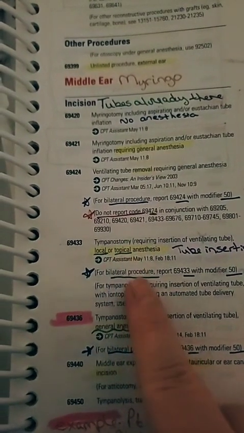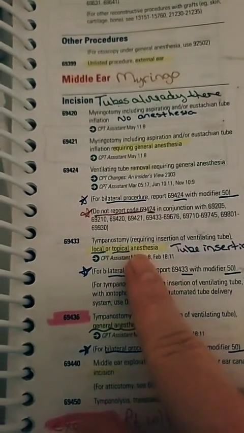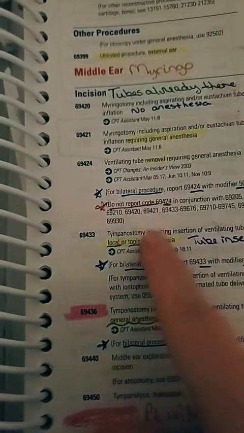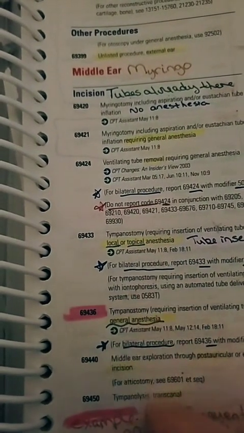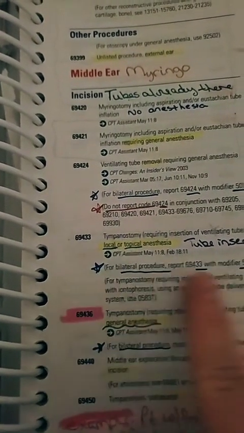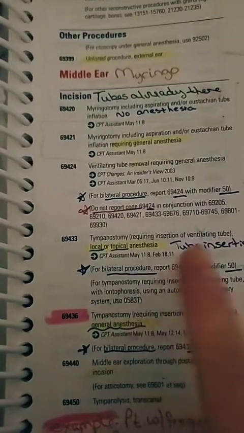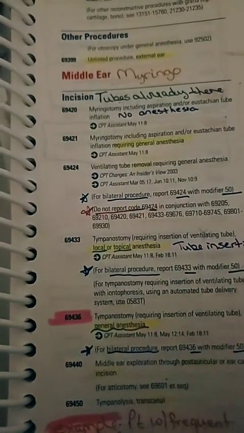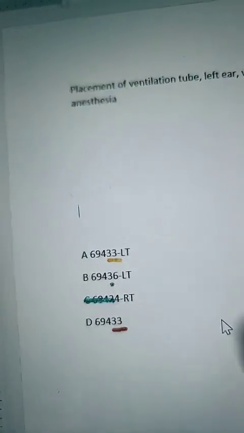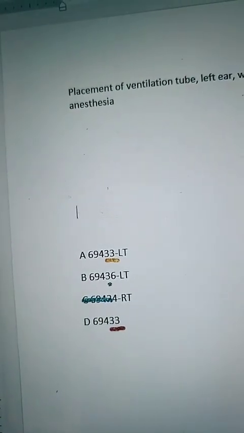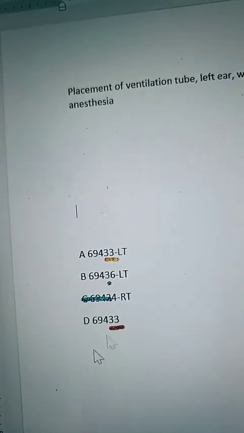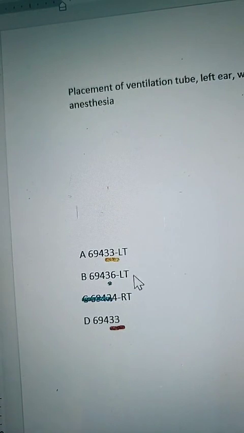So we would add a left or a right if it wasn't bilateral. So we know we're going to need that LT. So the top three that have modifiers are what we're going for. And because we have two LTs, I'm still thinking that A is going to be right.